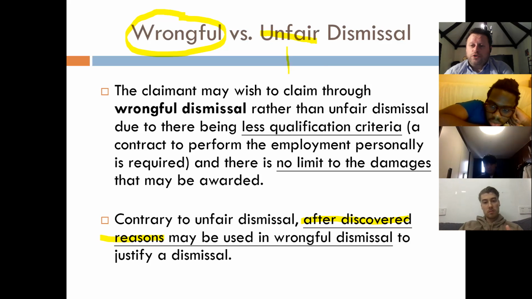Let's say you come to work for 2 days and you don't like me. You could immediately sue me for unfair dismissal, and I would have to prove that I fired you fairly. It's hard for me to prove, but you could use this as a way to attack me.